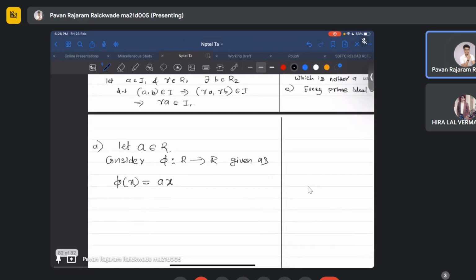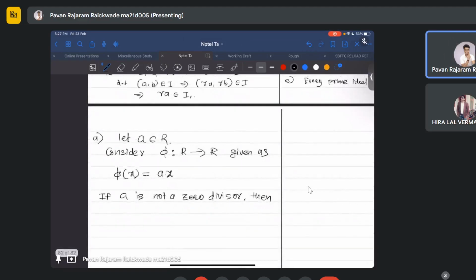So if a is not a zero divisor, then the claim is that phi is injective.